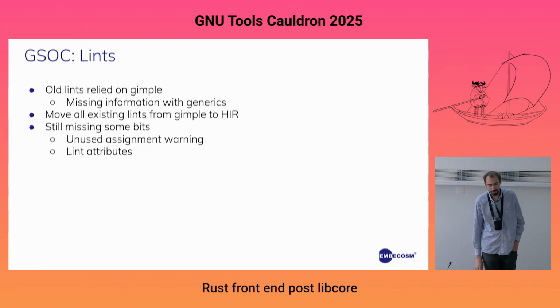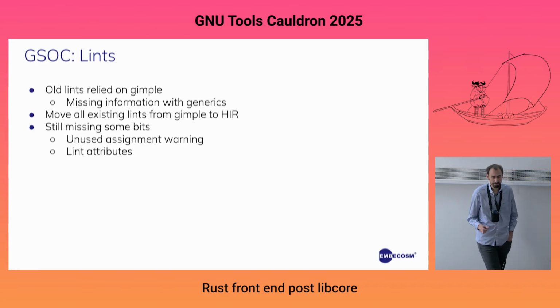So we decided to move all existing lints from GIMPLE back to HIR, and it allows, for example, to have more information and analyze generics and traits and functions before they are instantiated. So all old lints were post-monomorphization, and the new lints are working right before the monomorphization.